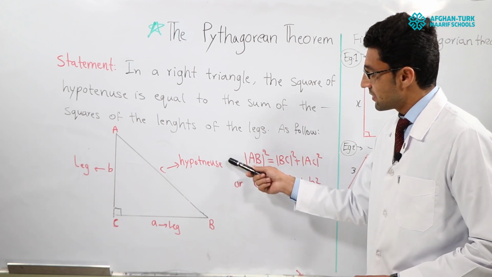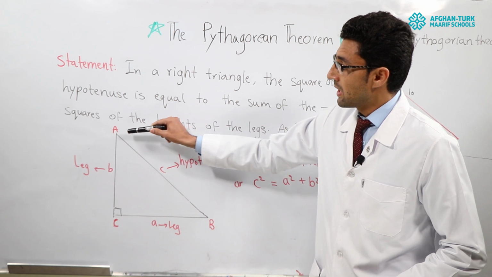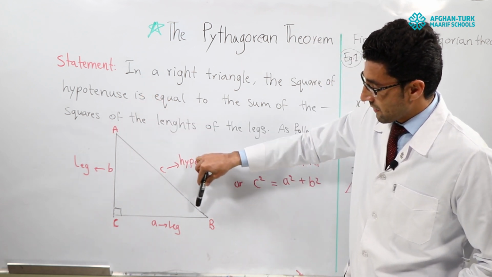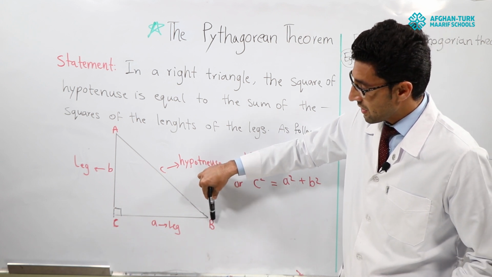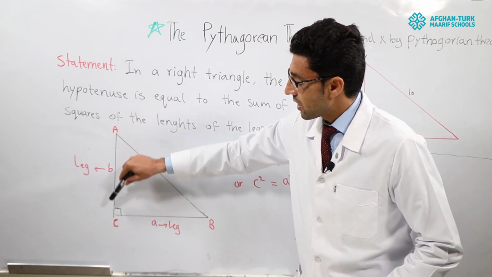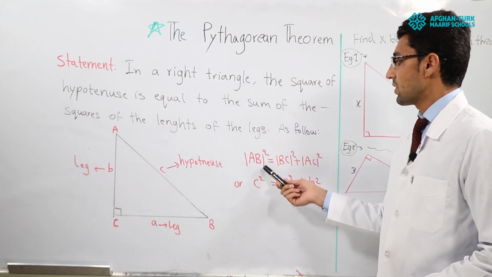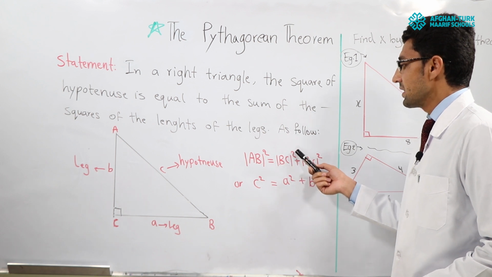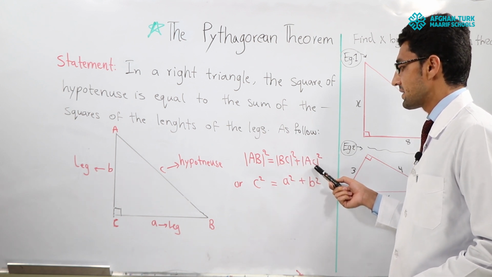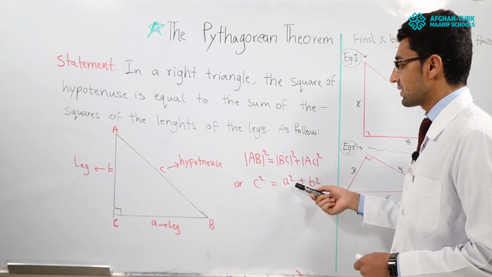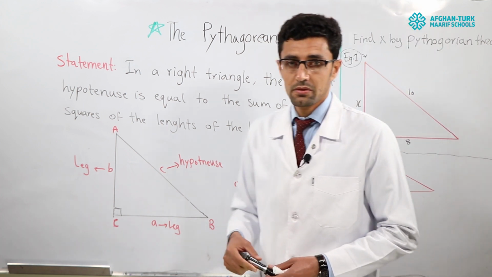And also we can use the vertices. It means the square of this side AB is equal to the square of BC plus the square of AC. Or in short we say C square is equal to A square plus B square.